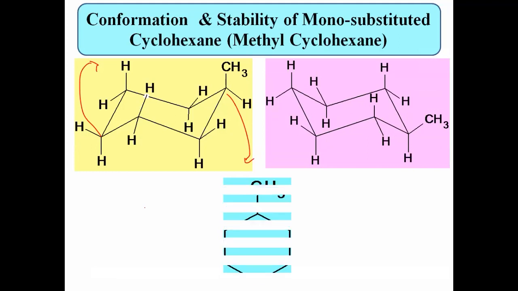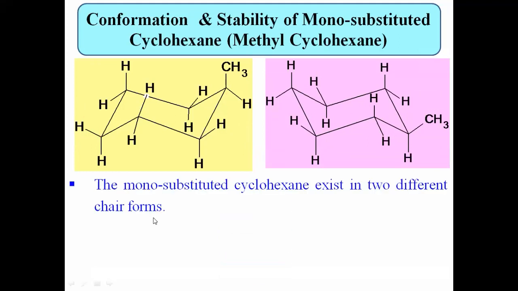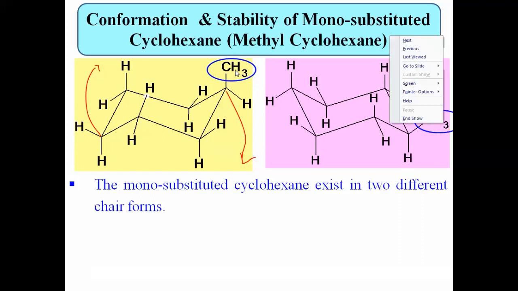Both are chair. The monosubstituted cyclohexane exists in two different chair forms. दोन वेगवेगळ्या chair form मध्ये तो exist होतो. But in those two chair forms, the positions of the methyl group are different. In the first case, the methyl group is present at axial position, whereas in the second case, that methyl group is present at equatorial position.